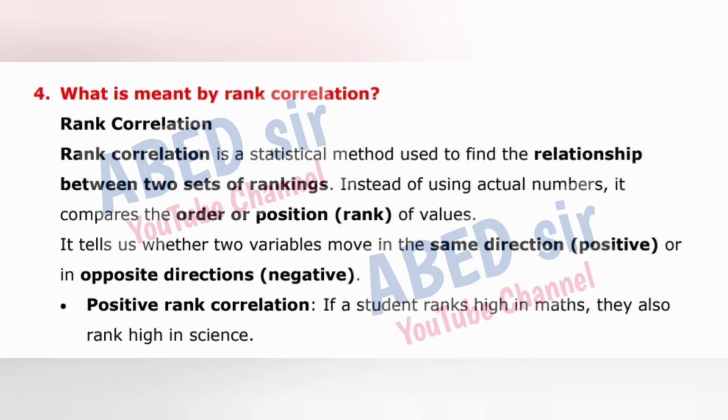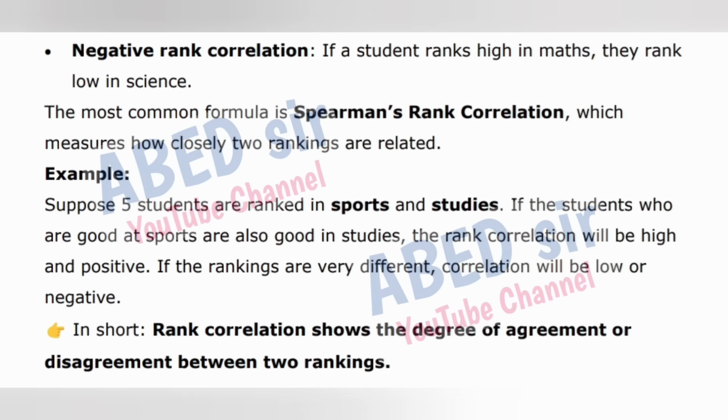It tells us whether two variables move in the same direction, positive, or in opposite directions, negative. Positive rank correlation: if a student ranks high in maths, they also rank high in science. Negative rank correlation: if a student ranks high in maths, they rank low in science.